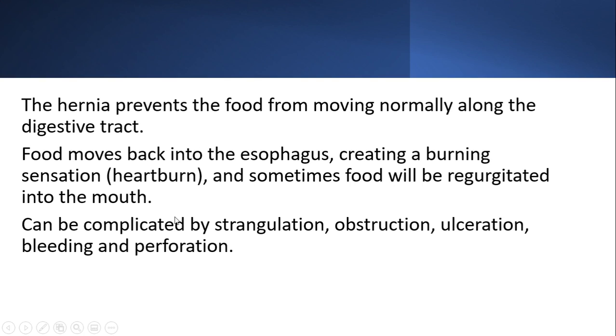Other complications are strangulation, that is rotation or twisting of the base of this bulged-out part of the stomach, and gangrenous changes. This is the strangulation with obstruction of the blood vessel, resulting in gangrenous changes, obstruction, ulceration and bleeding, and perforation. Complications of hiatal hernia.